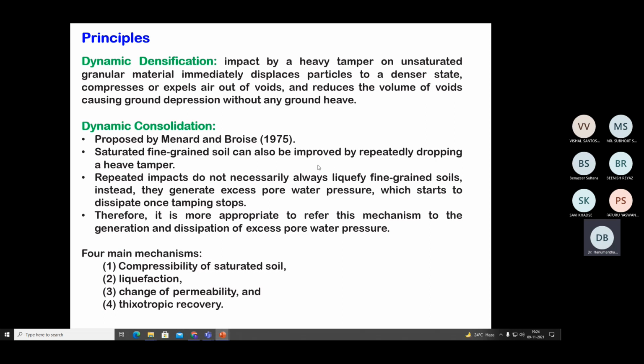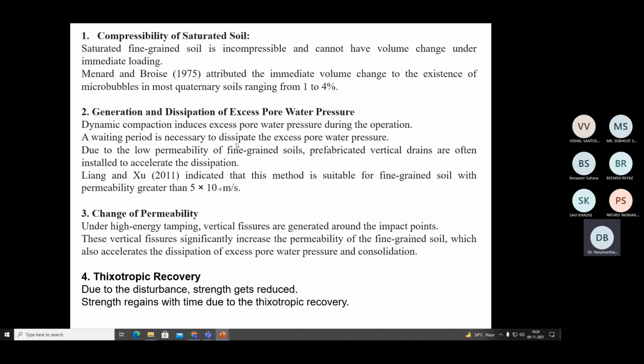They told that we can also consolidate fine grained soil by dynamic compaction, because of the generation of excess pore water pressure and its dissipation over a period of time. There, instead of 1D consolidation, they renamed it as dynamic consolidation.